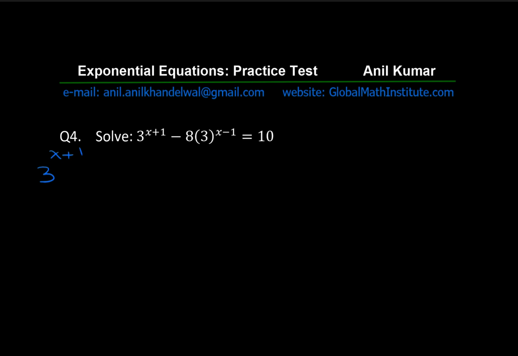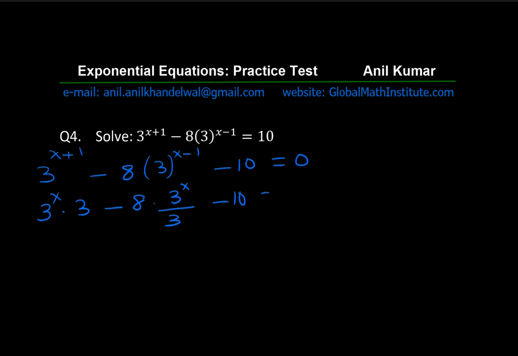That means 3 to the power of x times 3, times 8 into 3 to the power of x minus 1. Let's bring this here, minus 10 equals 0. So that really means it is 3 to the power of x times 3 minus 8 times 3 to the power of x over 3 minus 10 equals 0.